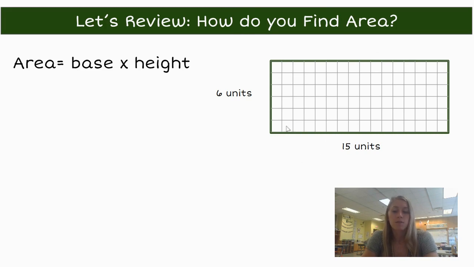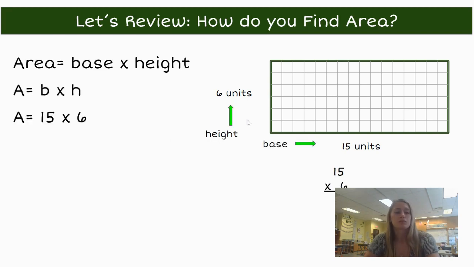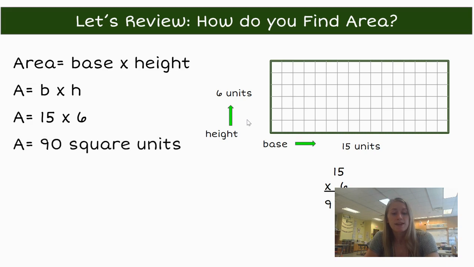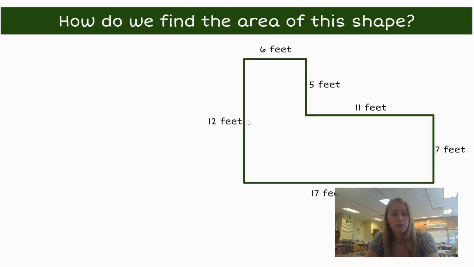So we could say there are 6 groups of 15 units, or there are 15 groups of 6 units. Notice all the rows and columns going across. So we just multiply the two numbers to find all of the units inside the rectangle. So our base times height would give us, in this scenario, 15 times 6, which is 90 square units.